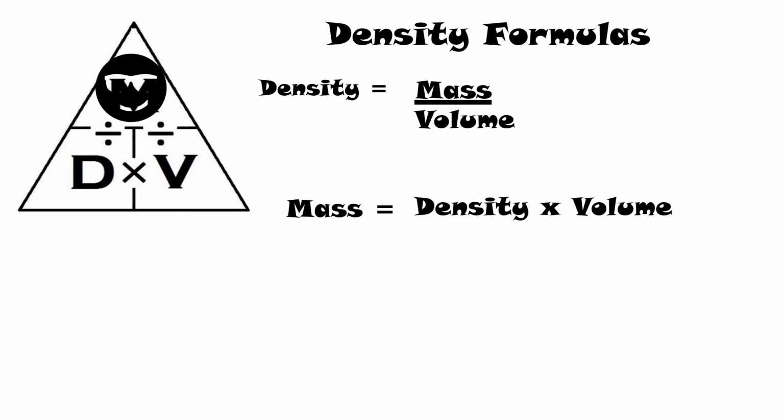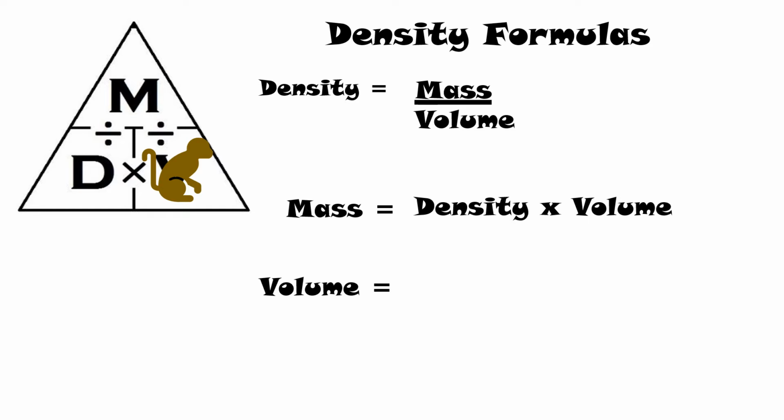And the last one is volume. Cover up volume. What do you have to calculate volume? Hopefully you saw it there: it's mass divided by density. See, it's what's left over that's where you get your formula from. That's how you use that triangle.